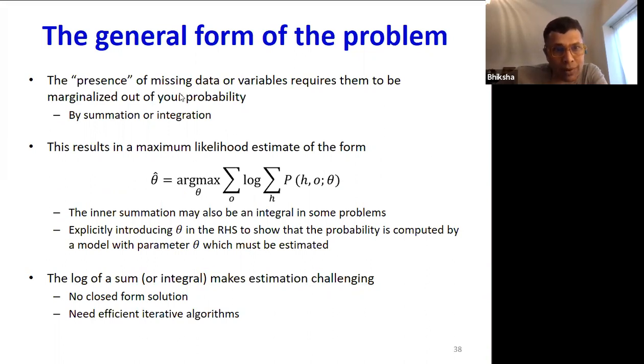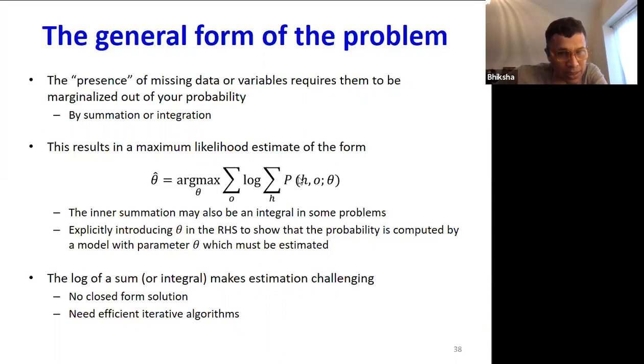Right? So here's the general form of the problem. When you have missing data or variables in your observations, and where learning your generative model requires knowledge of these missing variables, then in order to compute the probability of what you do have, you have to marginalize out these missing data or variables. So if I'm generally representing these missing variables as the term h, I've switched from m to h because the popular term is hidden.